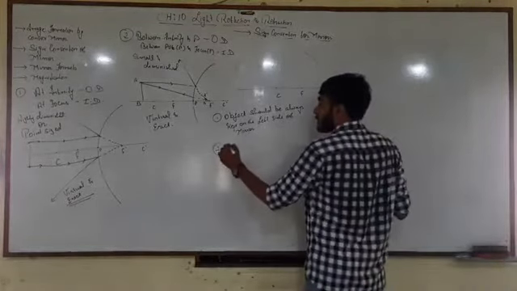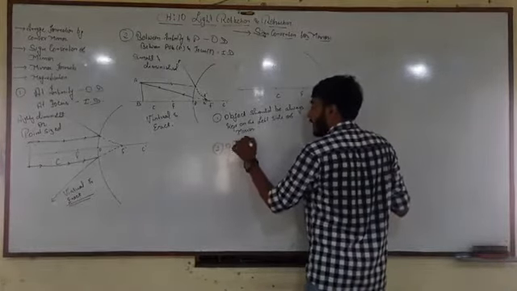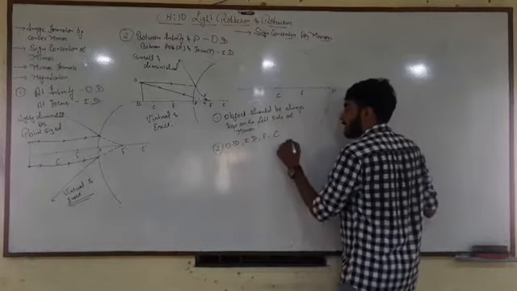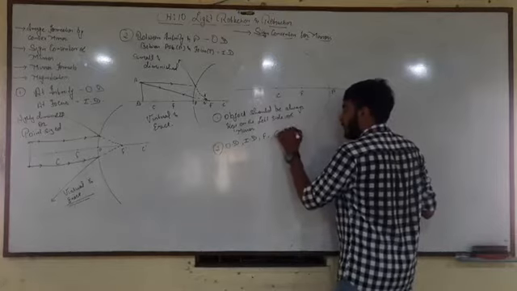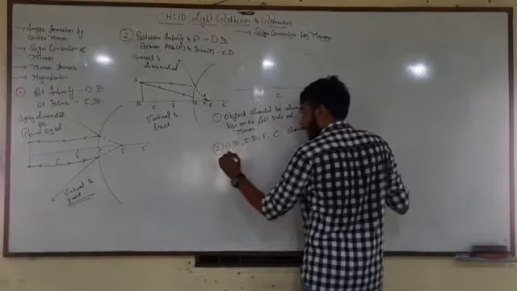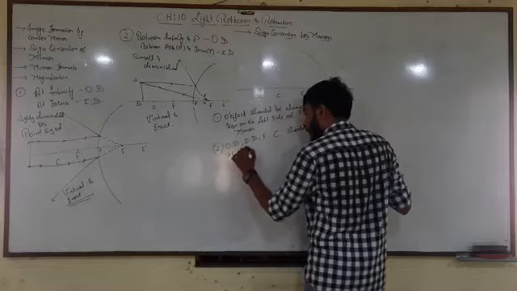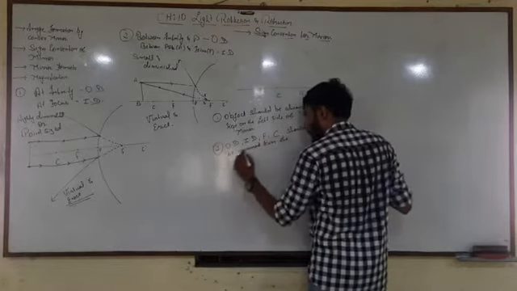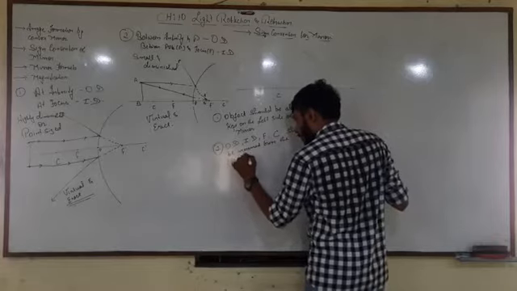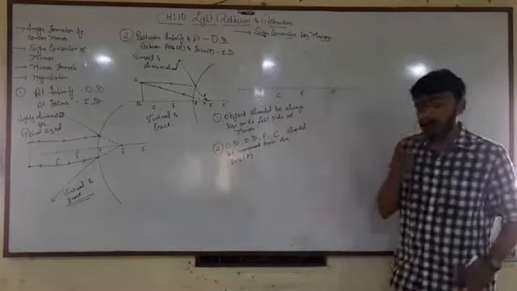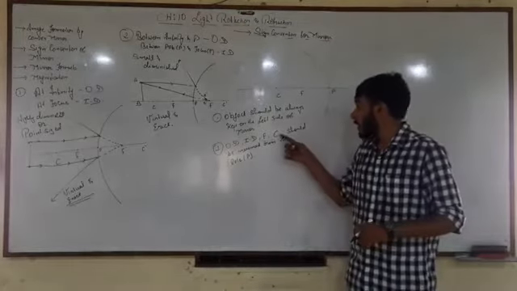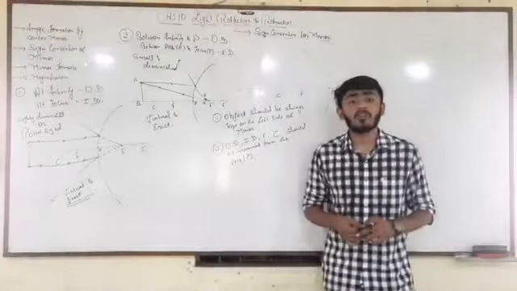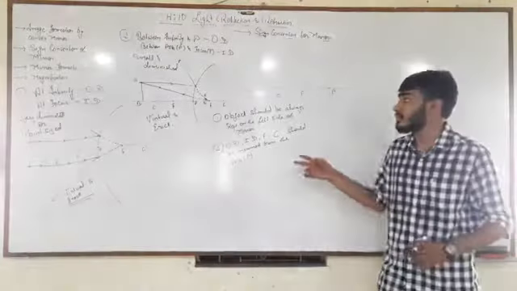So what I was telling is object distance, image distance, focus, center of curvature, everything should be measured from the pole P. Okay, the object distance, image distance, focal length, center of curvature should be measured from pole P. So this was the second rule.